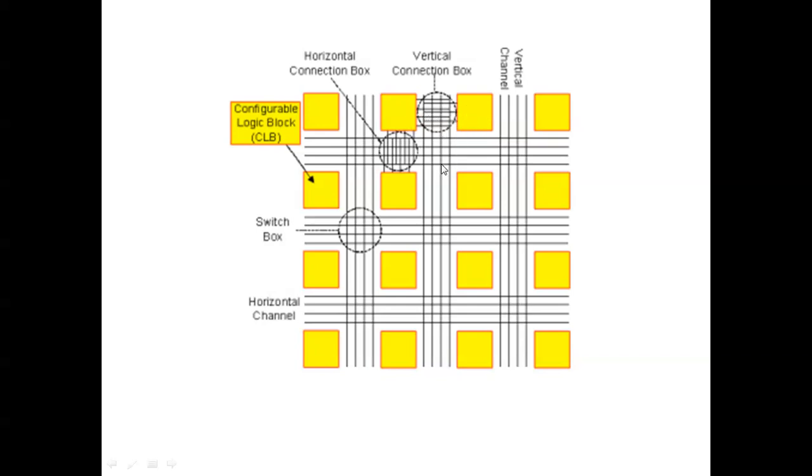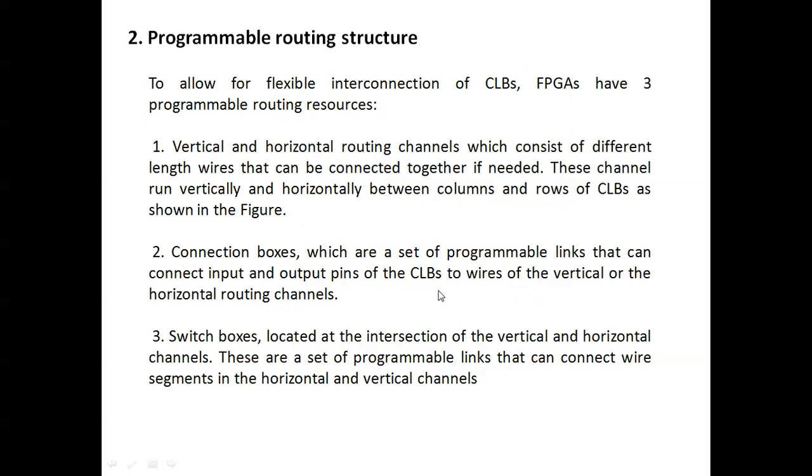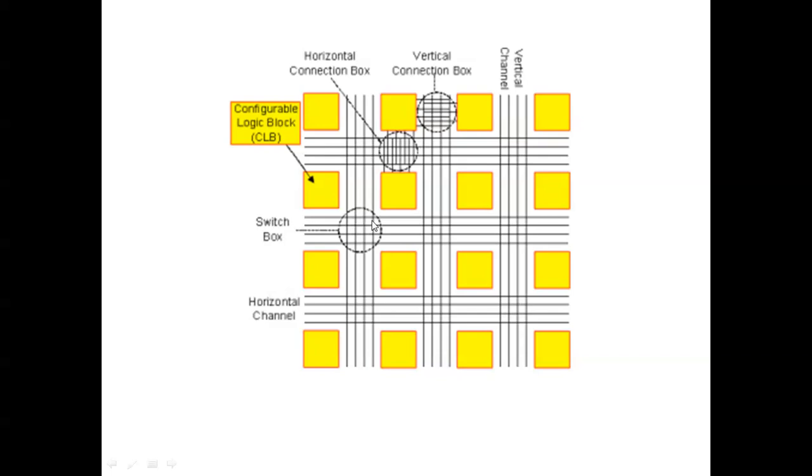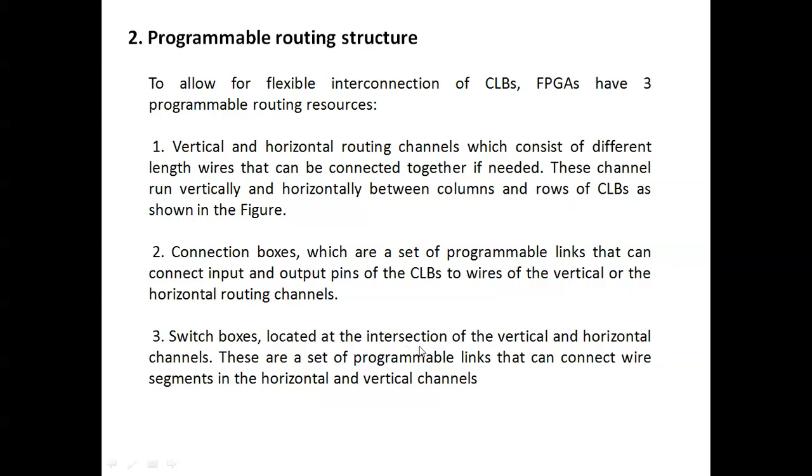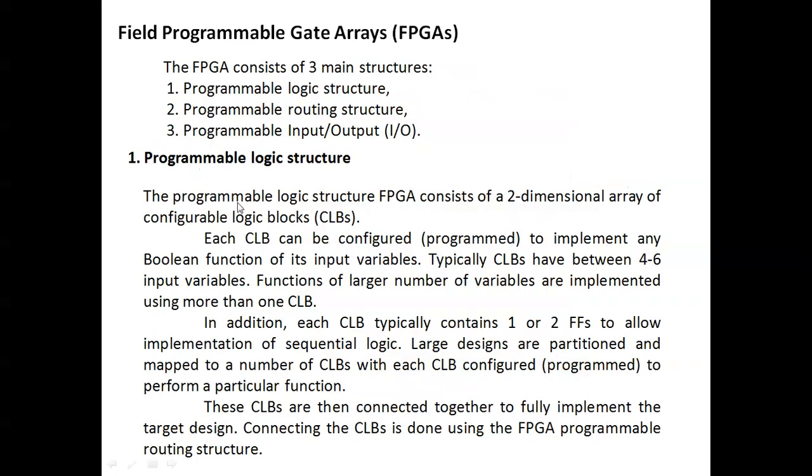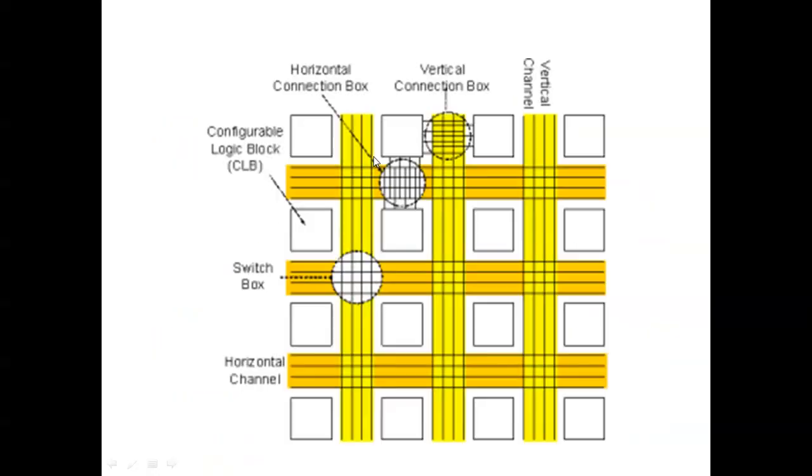So these inputs are connected together using this connection box and the vertical and horizontal routing channels. And the next one is switch boxes. This is a switch box. The switch box is located at the intersection of vertical and horizontal channels. So there is a set of programmable links that can connect wire segments in the horizontal and vertical channels. That is the programmable routing structure.